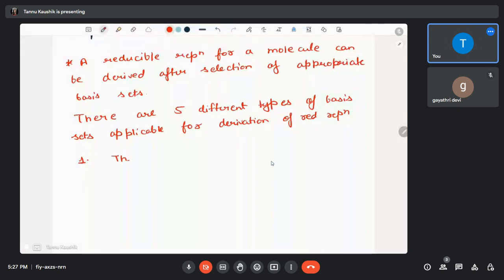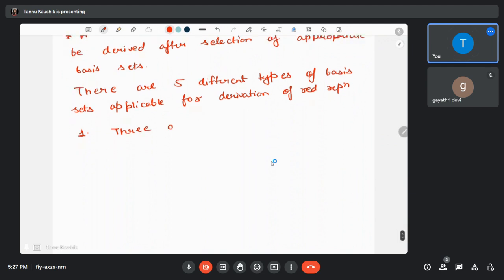The first is the three axis system, for which we have already found out the matrix systems.